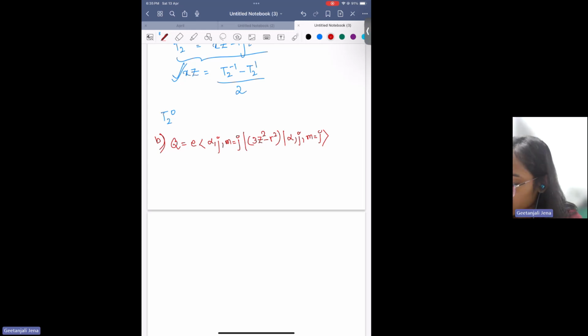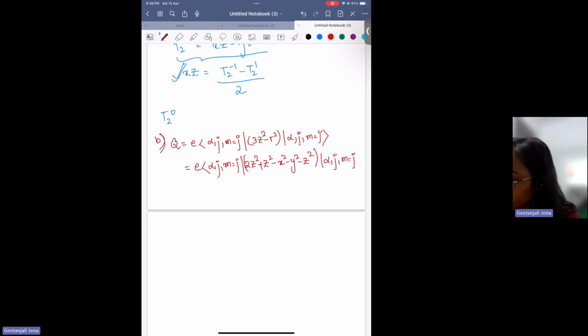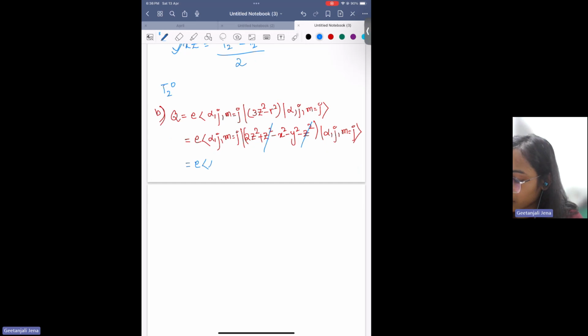So now if you see this term, so this is nothing but the expectation value alpha J m equal to J. You can write 3z square as 2z square minus z square plus z square and r square is x square plus y square plus z square, and there is a minus term here, so you will get minus x square minus y square minus z square, and there is a term alpha J m equal to J. So this z square and this z square will cancel. So the term that will remain is the expectation value alpha J m equal to J, 2z square minus x square minus y square, alpha J m equal to J. So this is for the quadrupole moment Q.